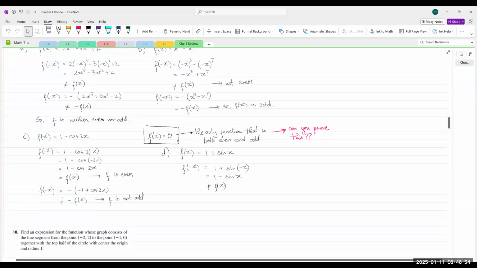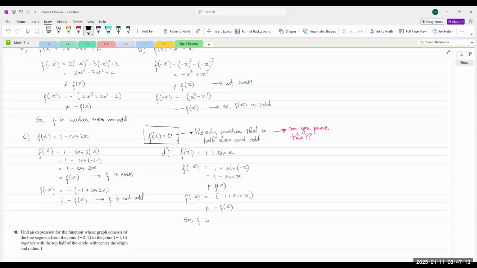Even if we try to factor the negative out, this is not equal to negative f(x). So f(x) = 1 + sin x is neither.